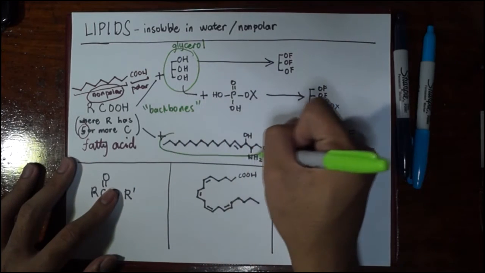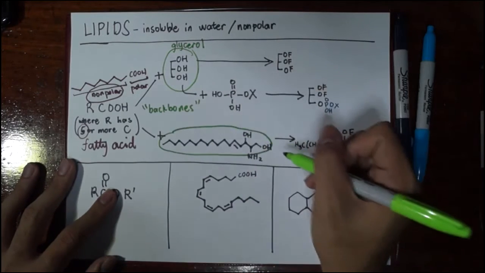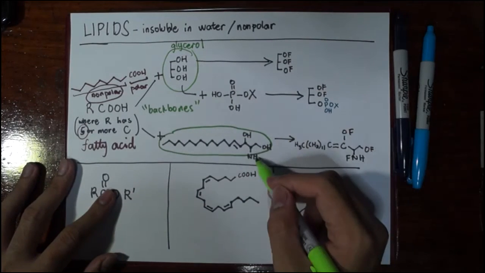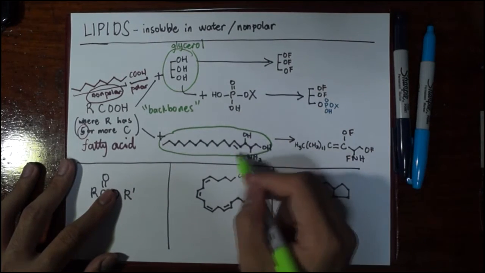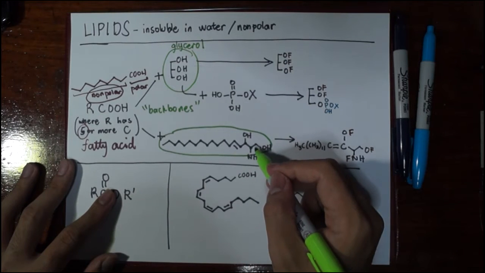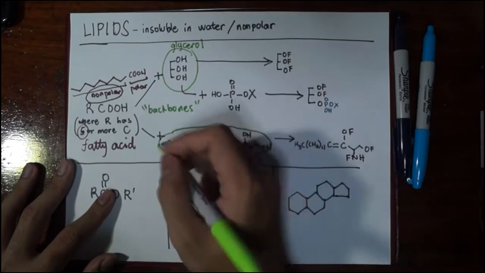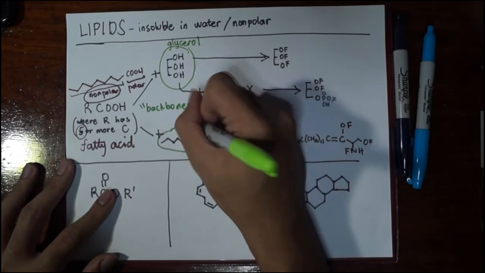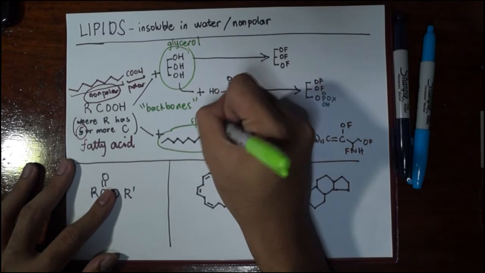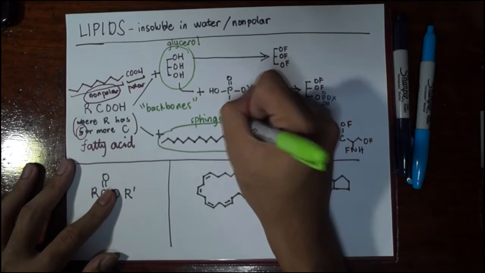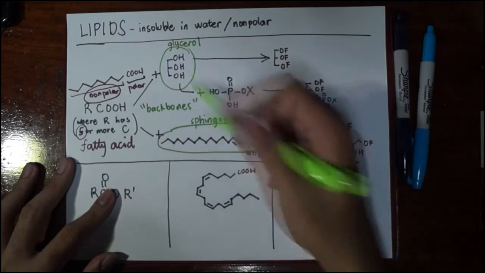This is a longer one. This is an 18-carbon backbone with an amino group right here and a double bond at carbon number 4, between 4 and 5. The name of this one is sphingosine. Alright, so these are the 2 backbones.